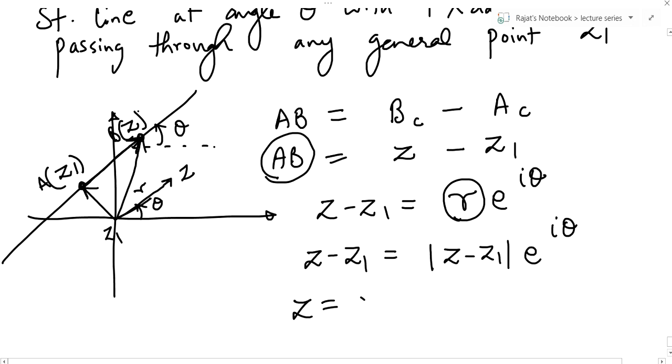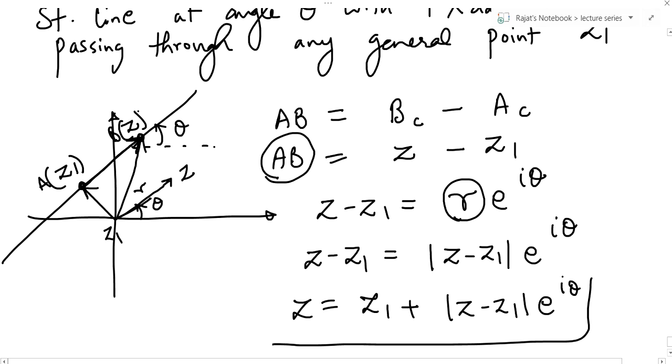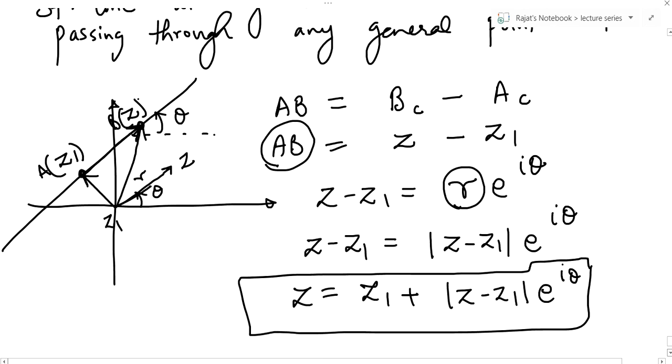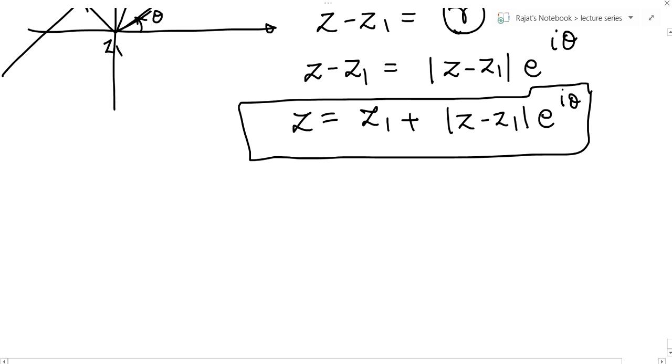Combining this, we get z is equal to z1 plus mod z minus z1 times e to the power I theta. This is the equation. So this is the locus of straight line that is passing through z1, and it is making an angle of theta with the positive direction of x-axis.